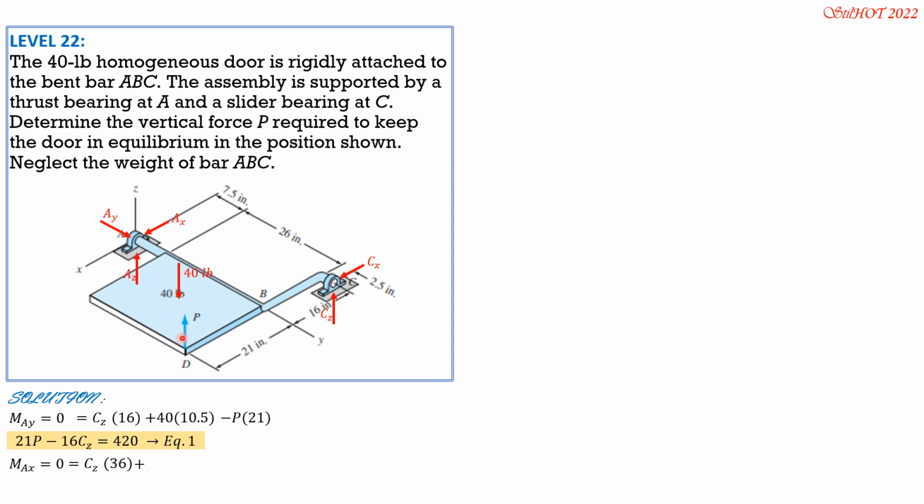Then plus P times 33.5 minus 40 times half of 26, 13, plus 7.5, 20.5. So minus 40 times 20.5. Simplifying, 33.5P plus 36CZ equals 820.